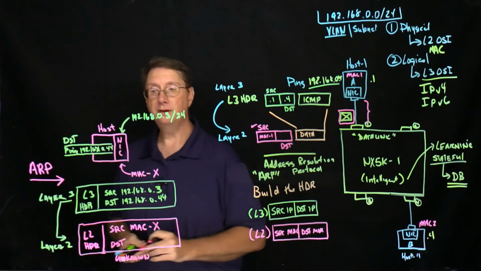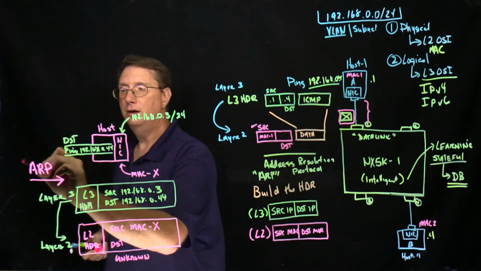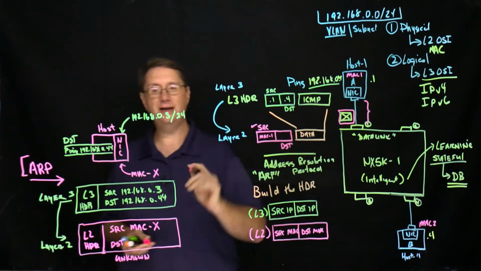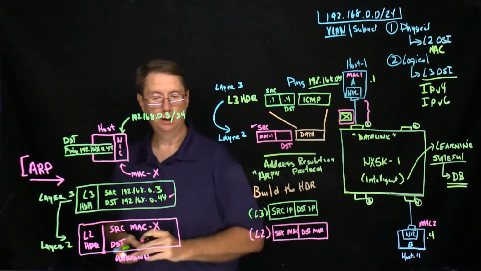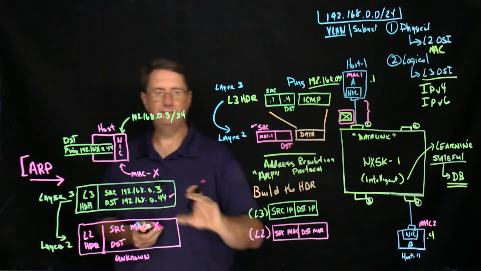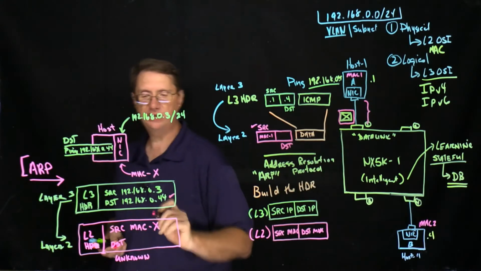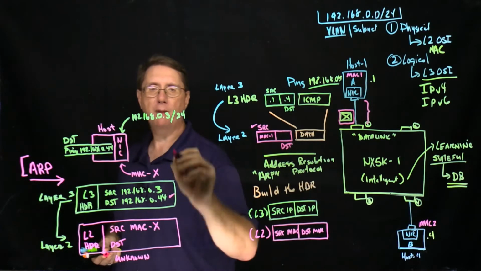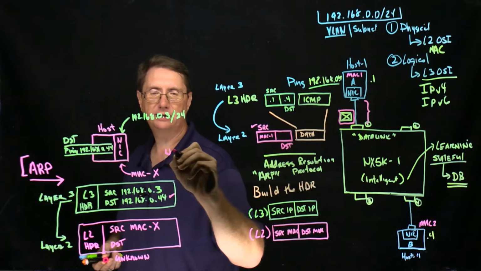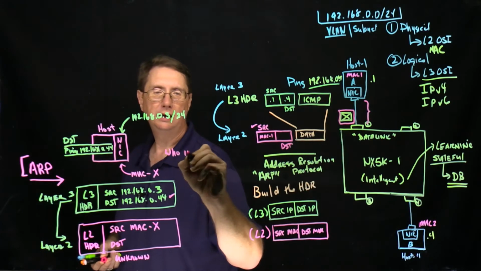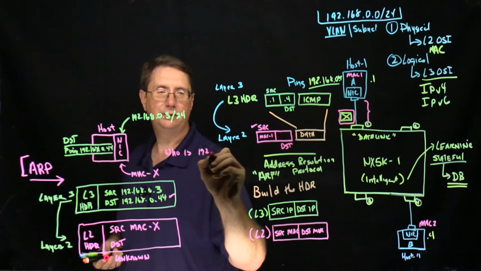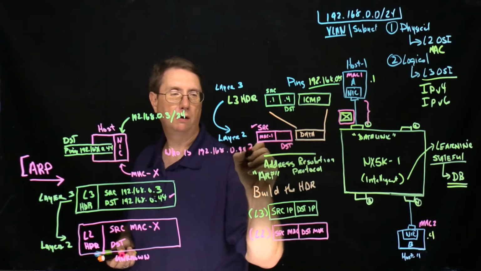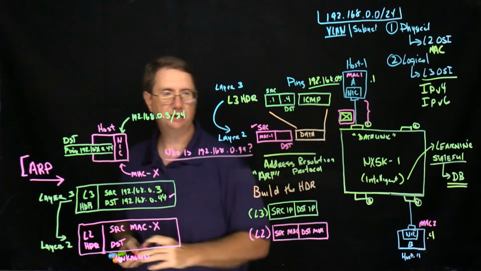However, ARP gives me the capability of learning the MAC address if I know the IP, which I do. So the system is going to send an ARP request out, and it's going to say, who is 192.168.0.44? That's the question.